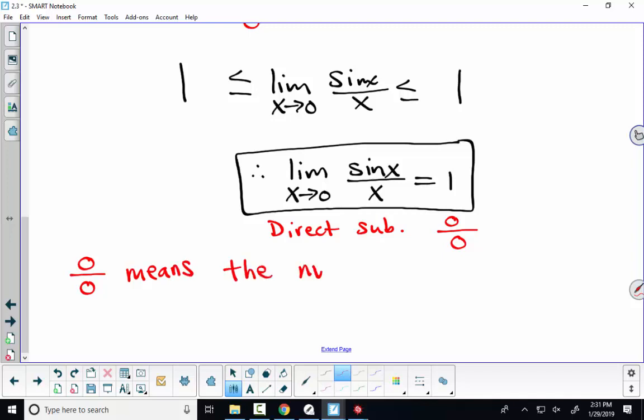0 over 0 means the numerator and denominator are getting closer to, or approaching, 0. We're not meaning 0 divided by 0. We're just saying the top's getting closer to 0 while the bottom's getting closer to 0.